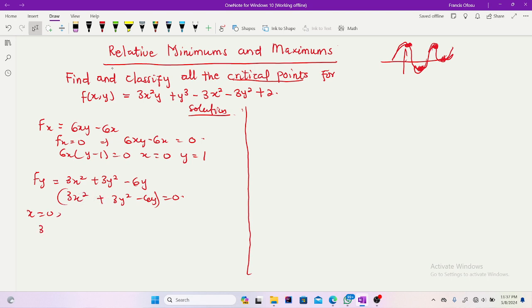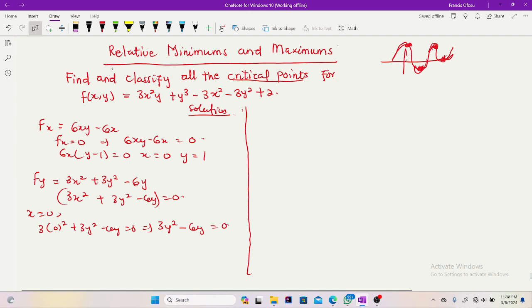So I'll get 3 multiplying 0 all squared plus 3y squared minus 6y equal to 0. Obviously this is 0, so I'll have 3y squared minus 6y is equal to 0. Here I'll factorize 3y out, so 3y times y minus 2 equals 0. From here, I'll get y equals 0, and y is equal to 2. Is that not it? y equals 0 and y equals 2.